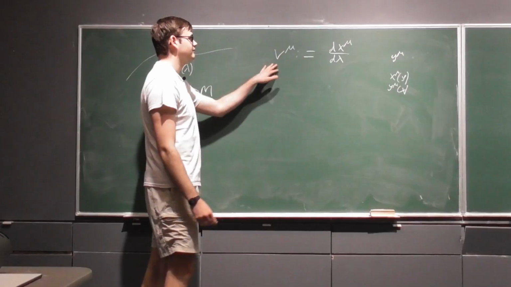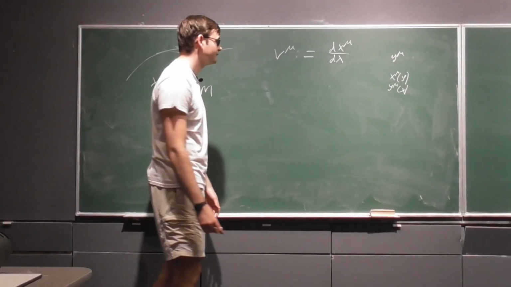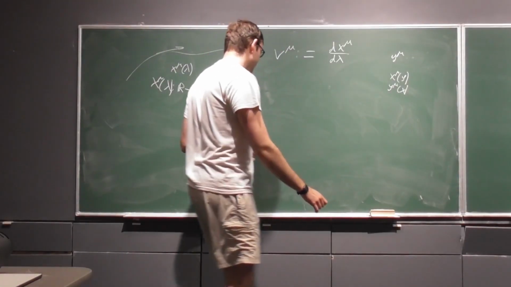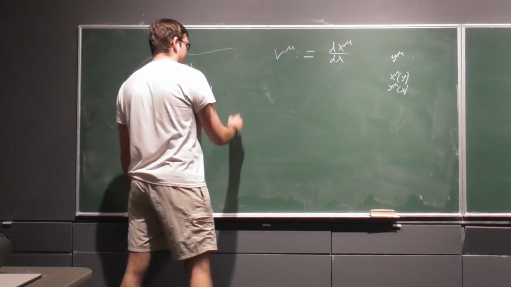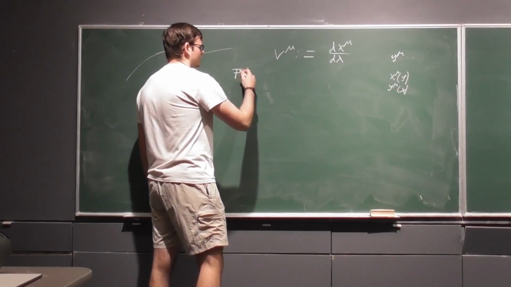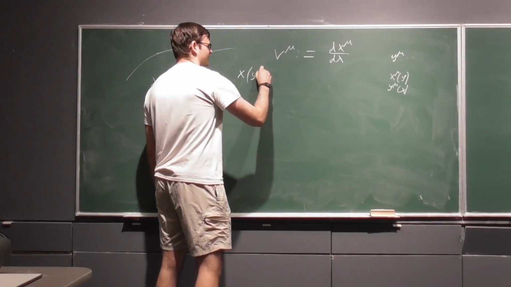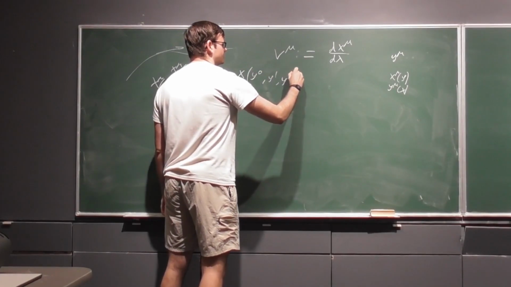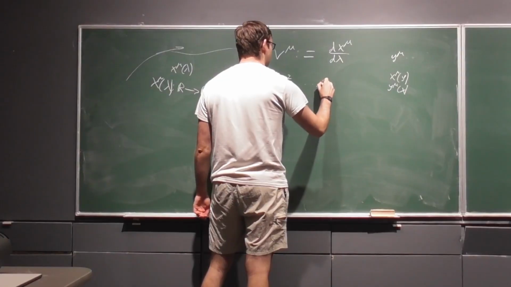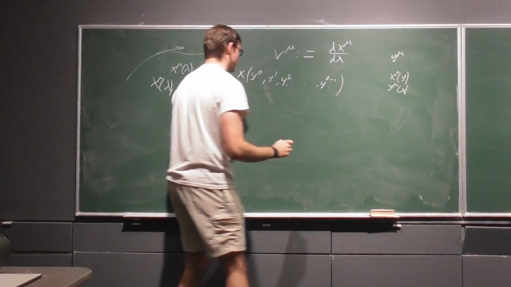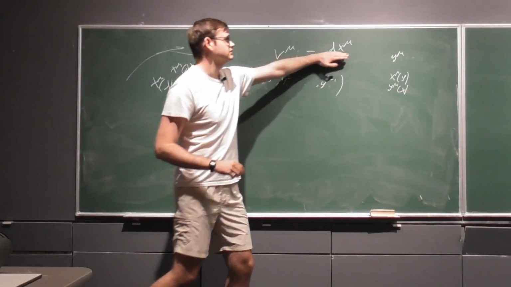So what if I wanted to describe this vector in this new coordinate system y? How does this change? Well, that's not too bad. I just do the chain rule, but I need to be a little bit careful because I'm dealing with multiple quantities. So what does the chain rule look like? You may remember that if I have a function x, which is a function of several variables y0, y1, y2, up to d dimensions, whatever I want, what does the differential dx look like?